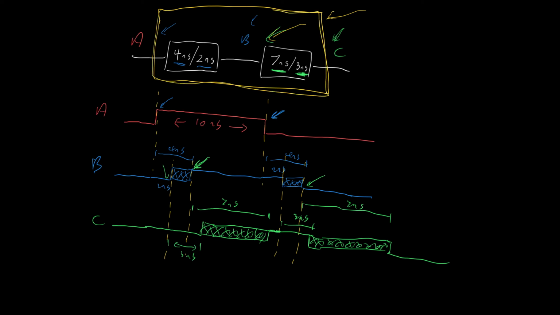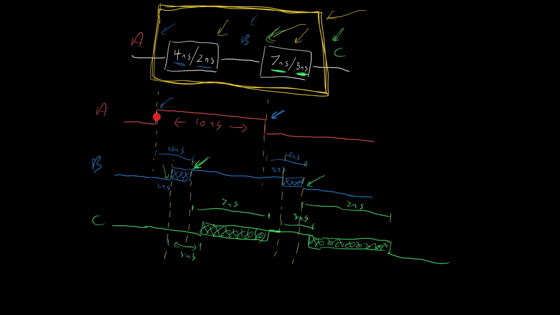If someone is going to use this big logic circuit, they don't really care about the internal dynamics. They just want to understand how this big logic circuit performs. They want to know what is the contamination delay and what is the propagation delay. We're going to first work it out from the timing diagram, then we're going to give a simple rule for working it out without the need for computing these timing diagrams.